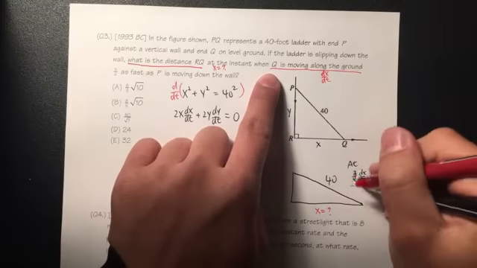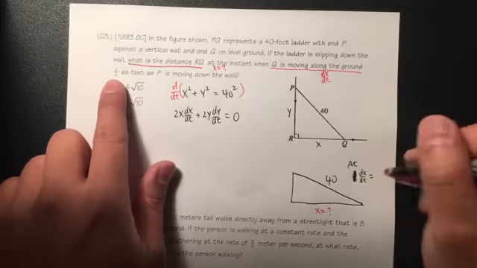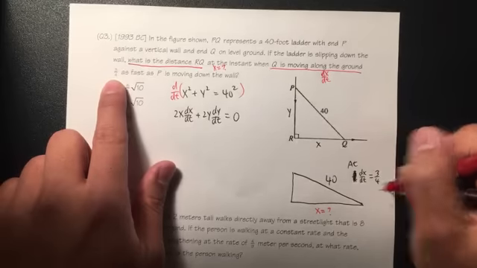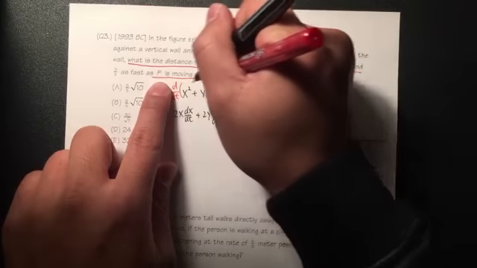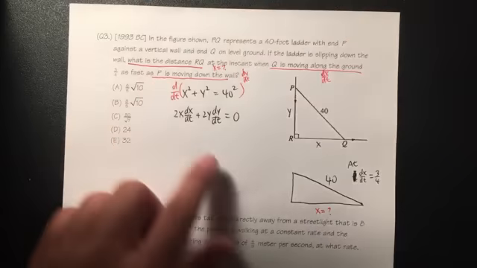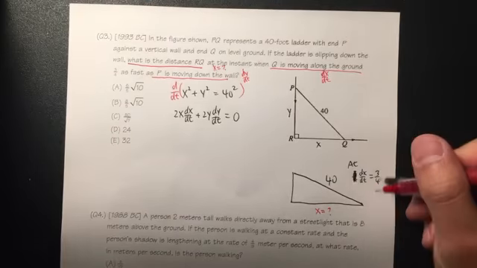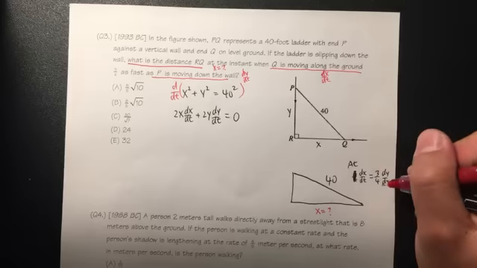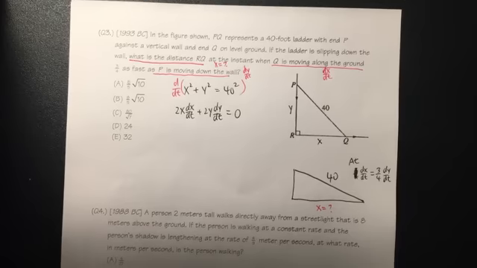I shouldn't have the 3 over 4 right here. We want dx/dt to be 3 over 4, and P is moving down the wall, so this represents dy/dt. So we want dx/dt to be 3 over 4 dy/dt. That's the idea, and I'm trying to find out what x is.